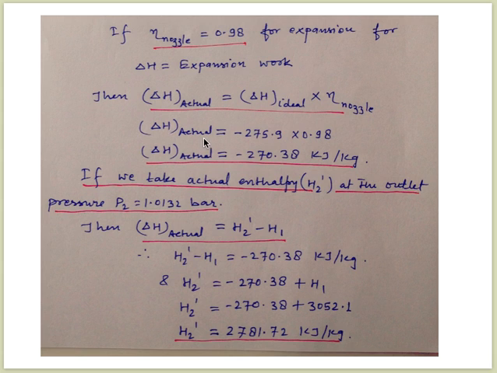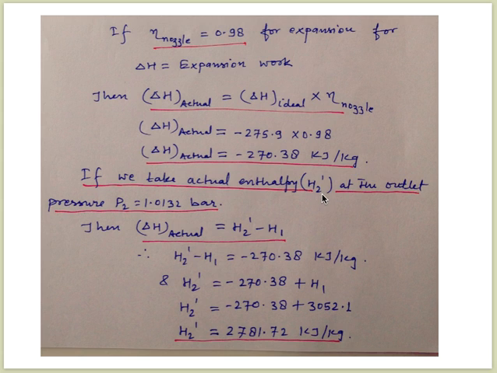This delta H is H2 minus H1, the difference of enthalpy at pressure 10 bar and 300 degrees centigrade and at pressure P2 of 1 bar. Multiplied by 0.98, the actual delta H comes to minus 270.38 kilojoule per kg.